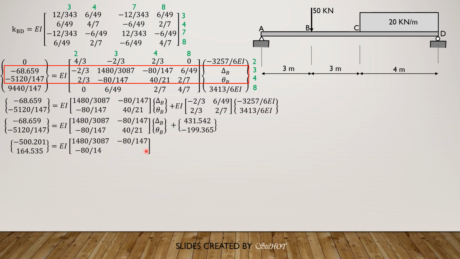EI times 1483.87, negative 80 over 147, and we copy this 2 by 2 matrix, times delta B, theta B. So solving for delta B and theta B, it is the inverse of this matrix divided by EI times this matrix here.